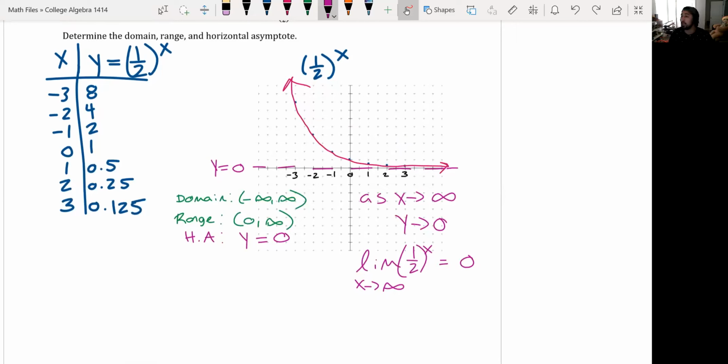And then the next one says that you will contain the points (0, 1), (1, 1/2), the base, and (-1, 2), the reciprocal of the base. It all checks out. And then the next part says this graph is smooth and continuous and contains no breaks, holes, or gaps in it.